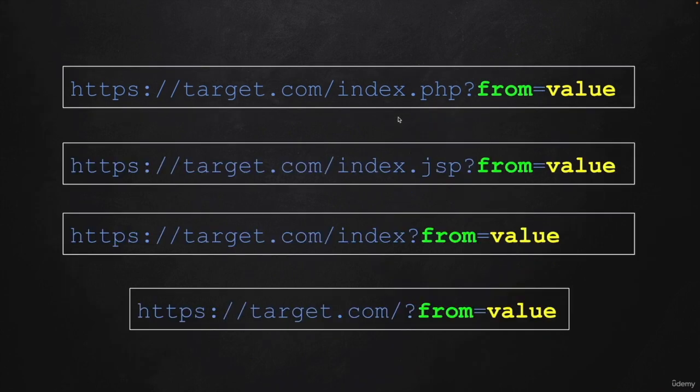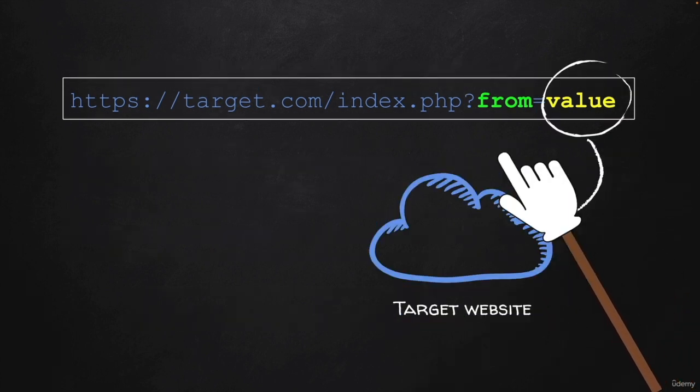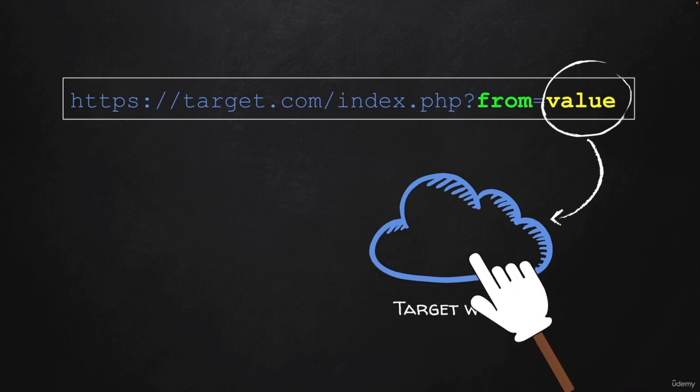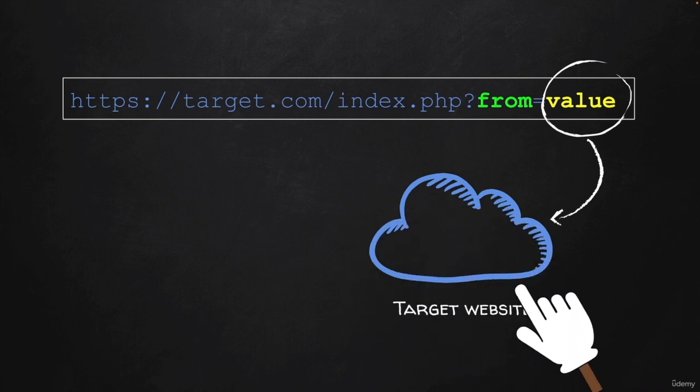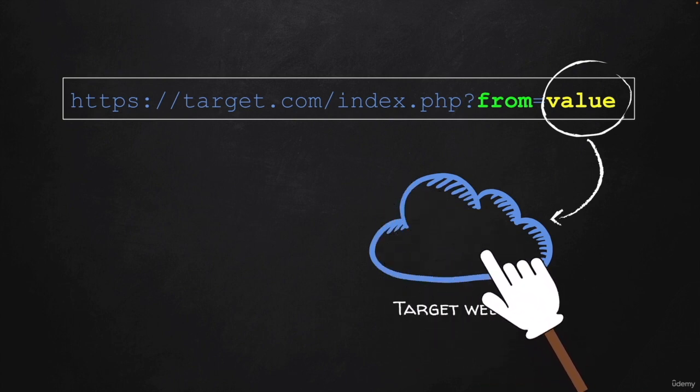So you might go on websites and see them to be .jsp, you might not even have a file extension, or you might not even have a file name. You might just simply have a question mark, or you might not even have a question mark. If you see a value after the equal sign, you should know that this value will be sent as a GET request to the target web application. The target web application will process this value, and therefore you can use this value to manipulate this application.